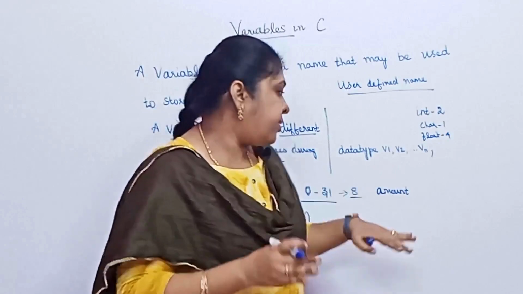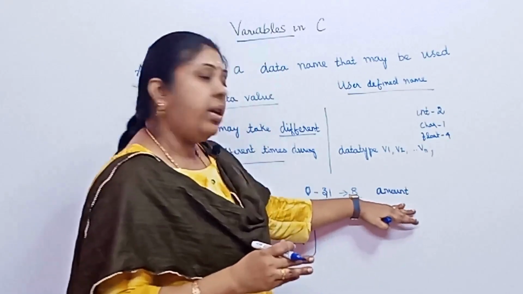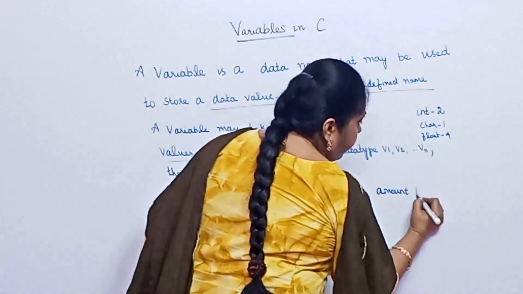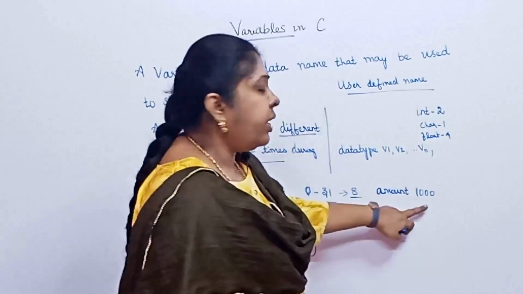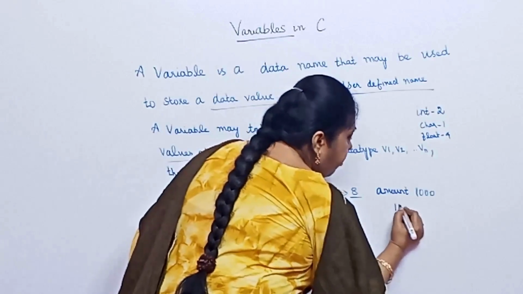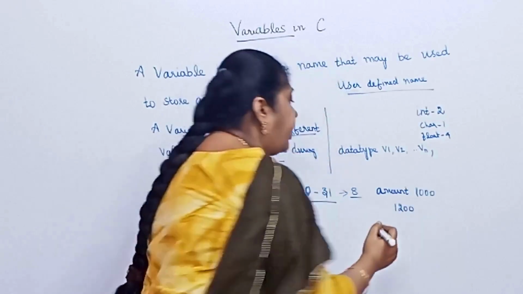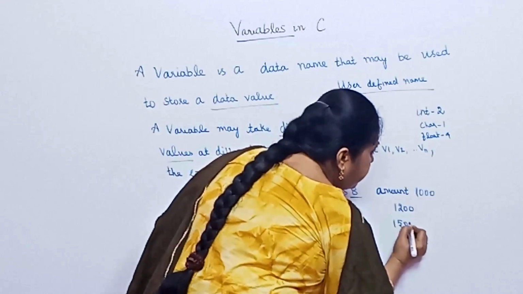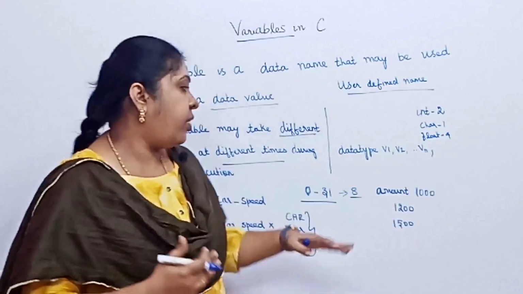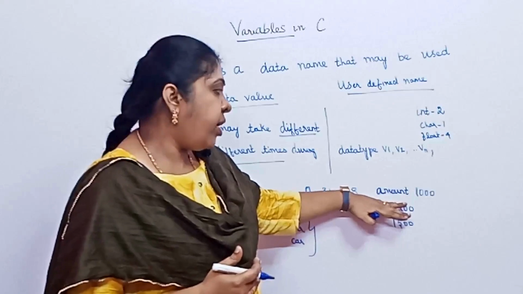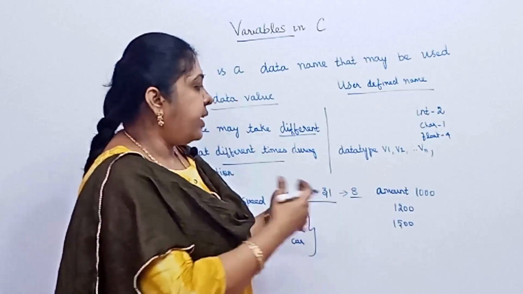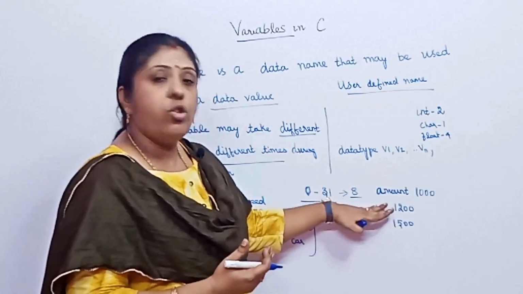Depending upon the interest rates, the amount may vary for each year. For the first year, the value may be 1000. After completion of the first year, the same amount can change to 1200, and in the second year it can change to 1500 depending upon the interest rate. I think it is a good example for understanding a variable. So the same variable amount holds a different value in the same program.